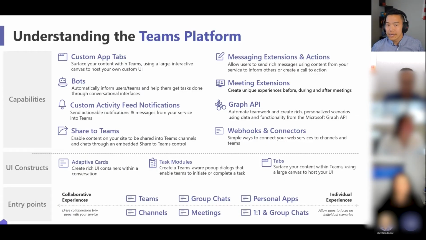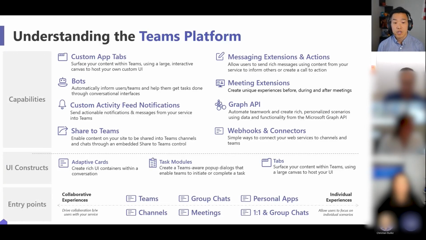Before we kick into it, let's do a quick overview of what Teams means as a platform. First of all, if we break it down into capabilities, this is what the Teams platform can do: you can surface your app inside of a tab, create a chatbot where you're able to have conversations and more intelligent processes inside of your day-to-day, and then all the way out to meeting extensions.